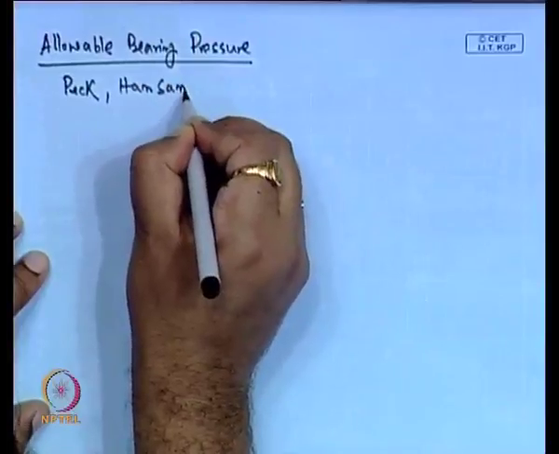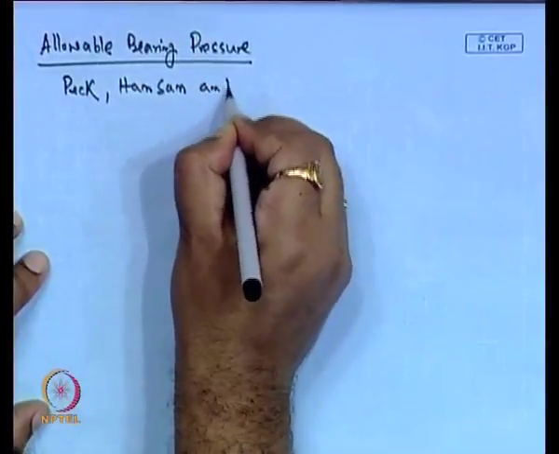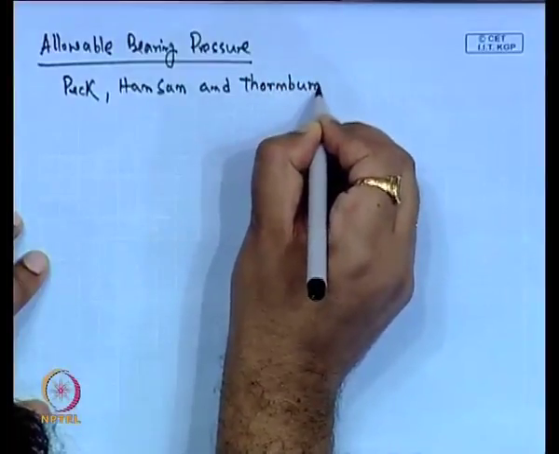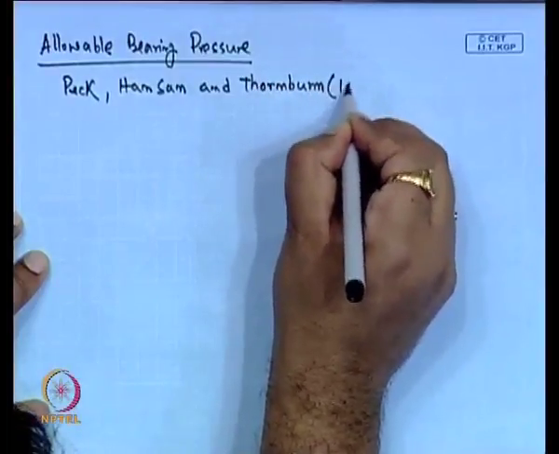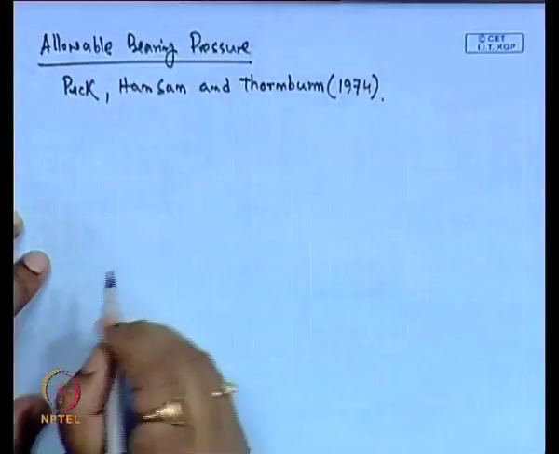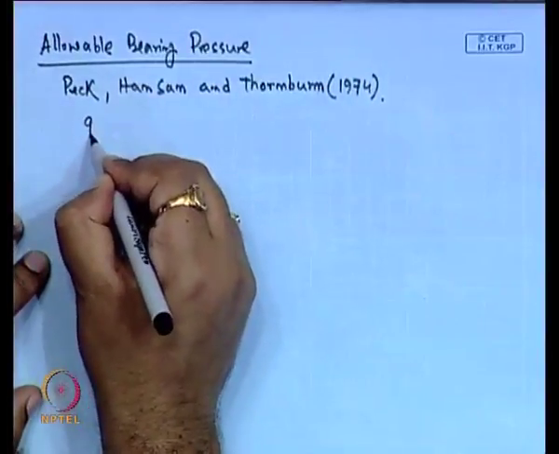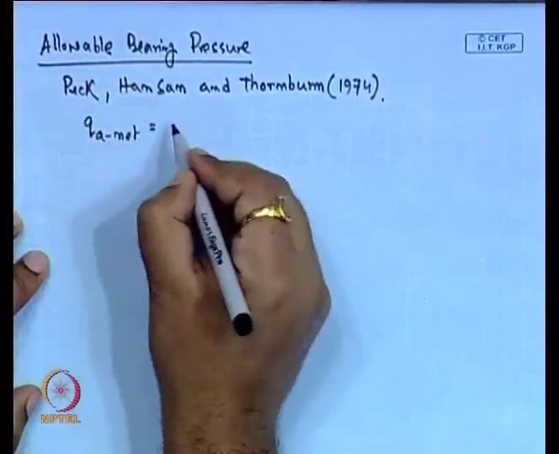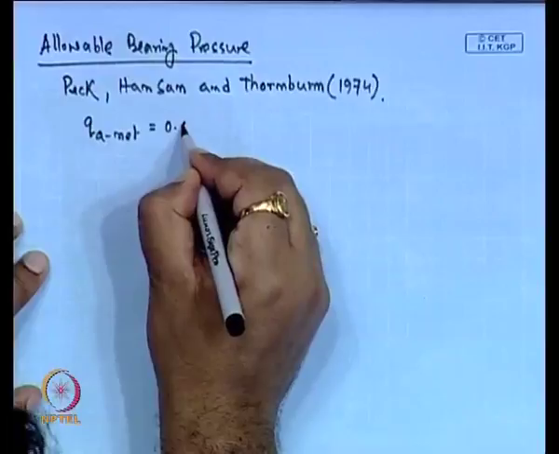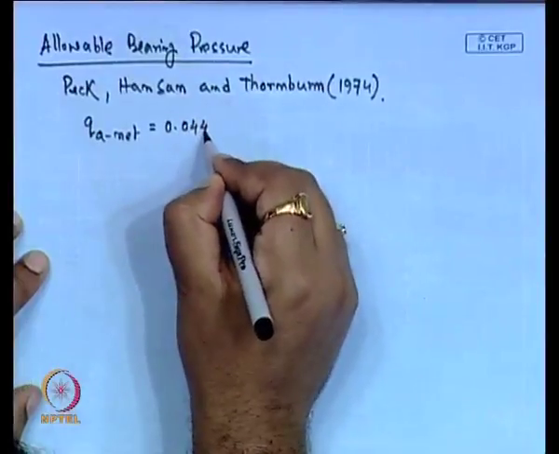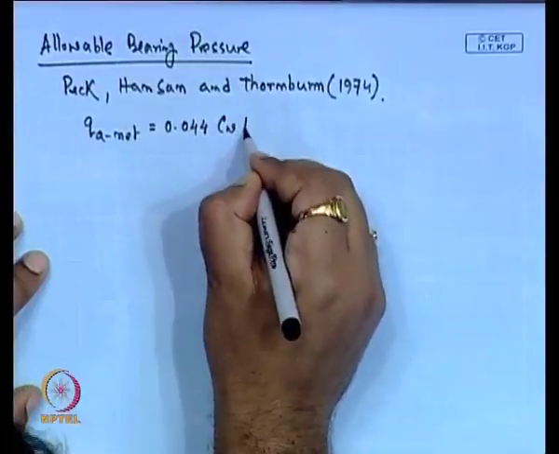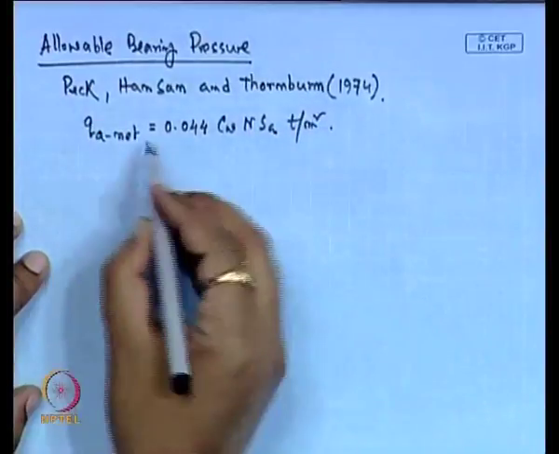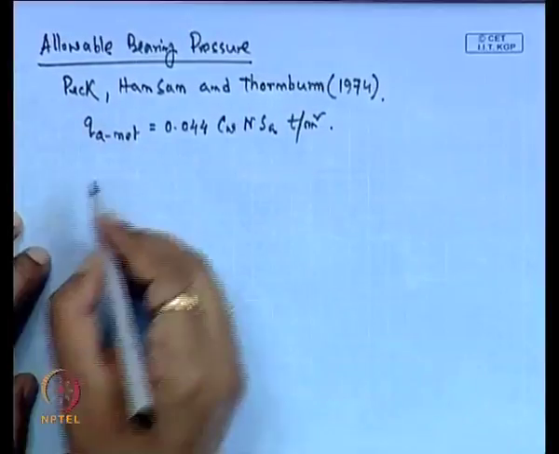Hansen and Thorburn. In 1974, they proposed that the net allowable we can determine by using this correlation, this is Cw N S in ton per meter square. This is considering the settlement consideration.